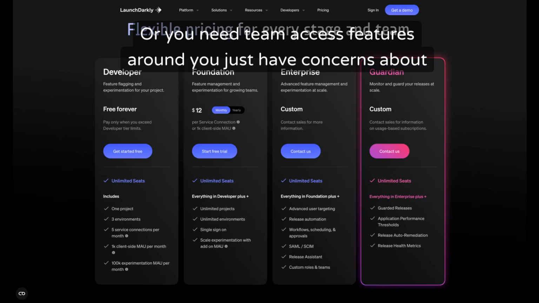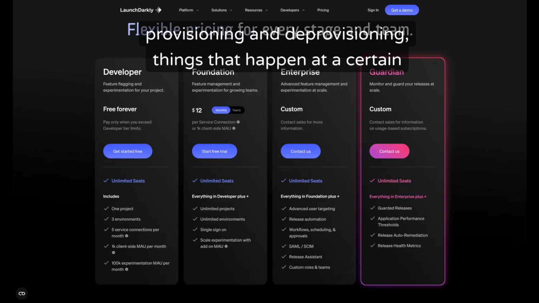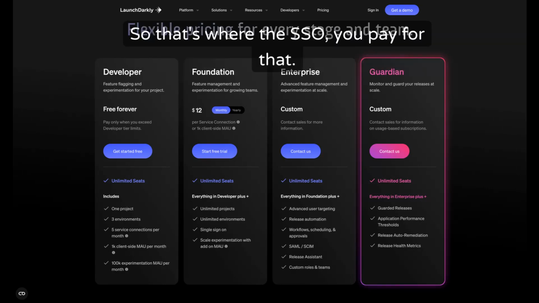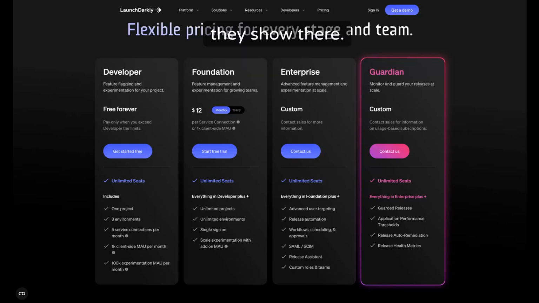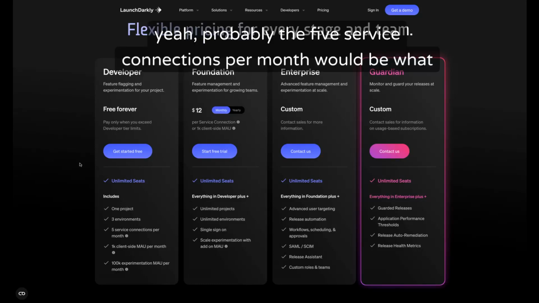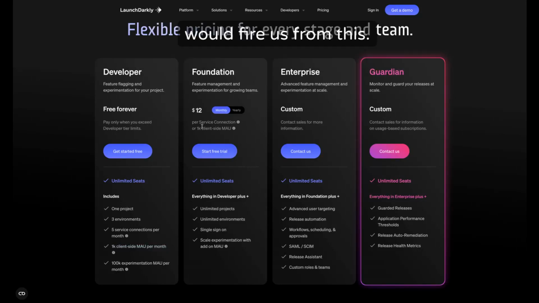Or you need team access features, because you have concerns about provisioning and deprovisioning, things that happen at a certain level of maturity. That's where you pay for SSO. Or you need more projects, more service connections than they show there. Yeah, probably the 5 service connections per month would be what would fire us from this.